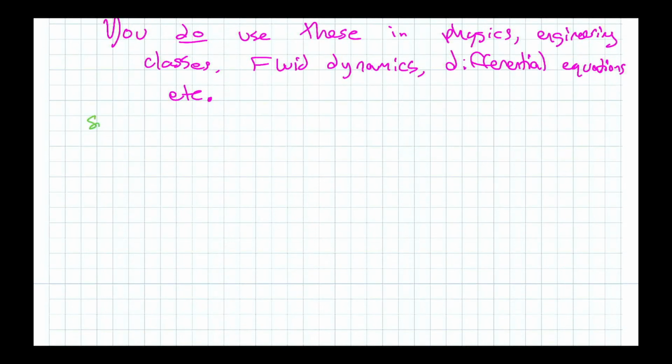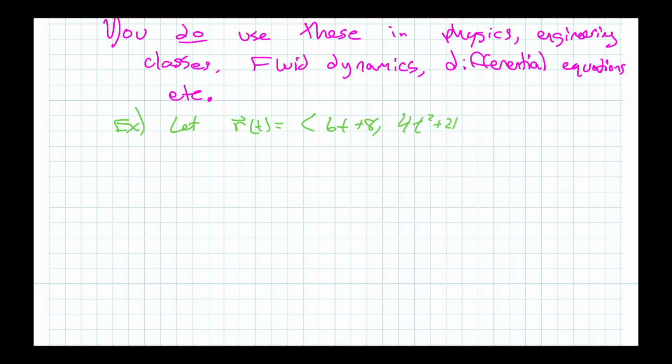So here's an example. Let r equal 6t plus 8, 4t squared plus 2t minus 3, 5t. You know what? I'm tired of ijk. I'm skipping it.